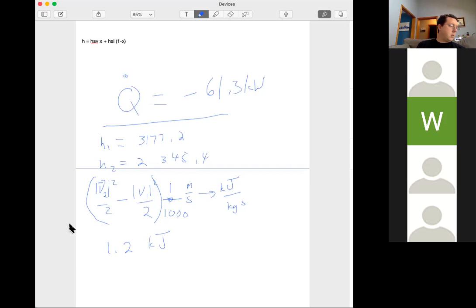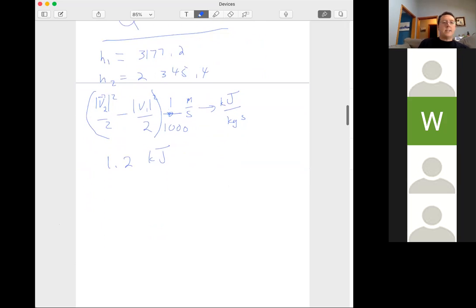So then the last thing is the flow rate, m dot, which was given as a stupid amount. They gave you 4,600 kilograms per hour, and so you need to convert that. 1 hour is 3,600 seconds, so your m dot is 4,600 over 3,600, so it's 46 over 36.